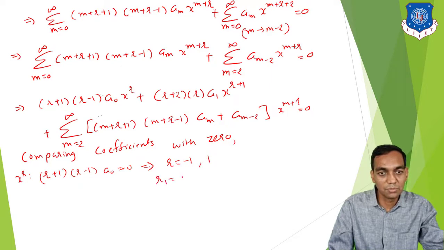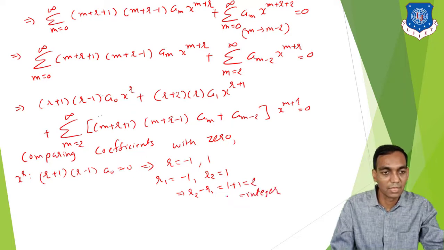So r1 is minus 1, r2 is 1, and that implies r2 minus r1, that is 1 plus 1 is 2, that means it is integer.